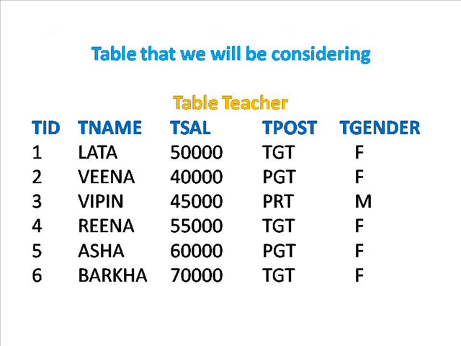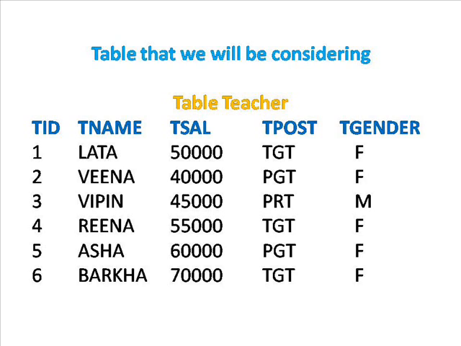The table that we will be considering for examples in this session is table teacher, which has columns TID, TName, TSAL, TPost and TGender. TID is a unique identification number given to each teacher.